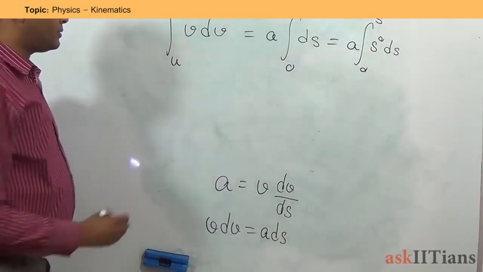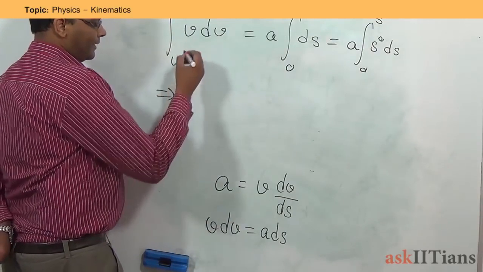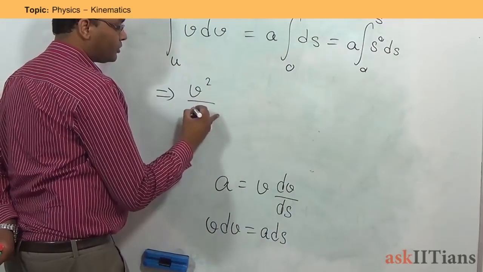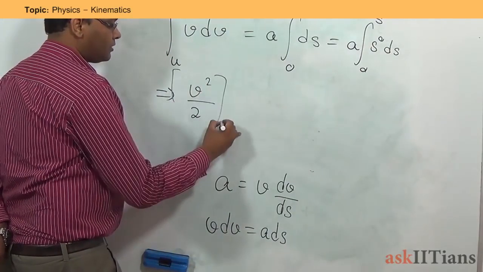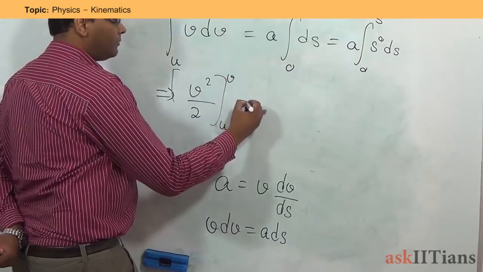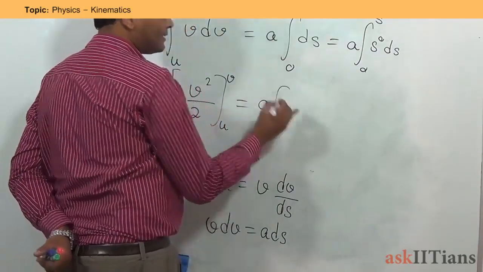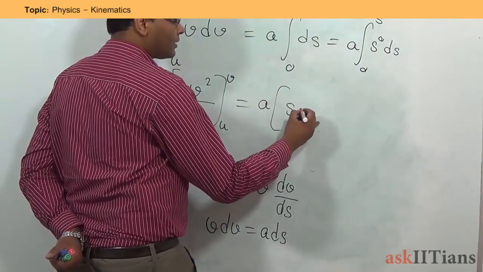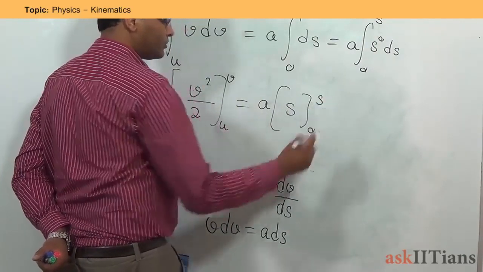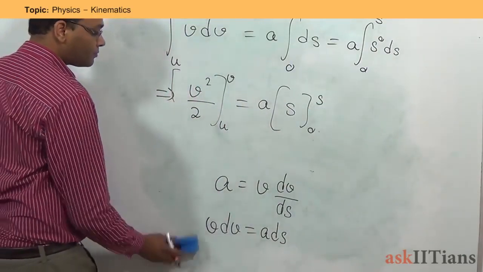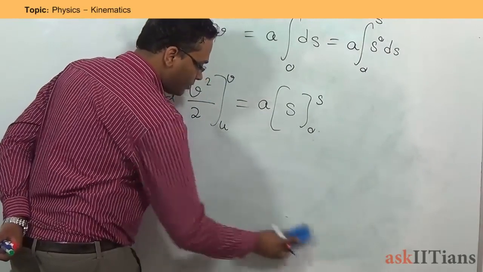So what will we get? If we integrate this, we'll get v square over 2 integrated from u to v. On the right hand side, I get a into s integrated from 0 to s. Right?